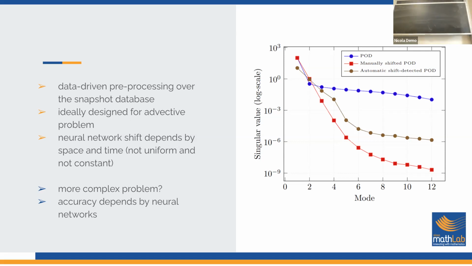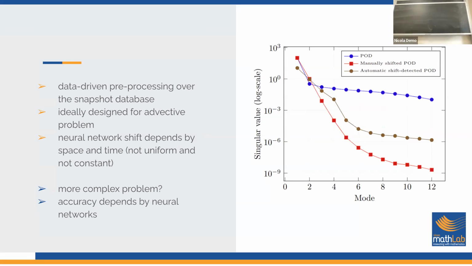But here, just the final plot where we tried this, I think, is a multi-phase problem we tried to tackle with this procedure. And as you can see, the POD singular values that we are able to extract at the beginning without any preprocessing on the snapshot are quite bad.